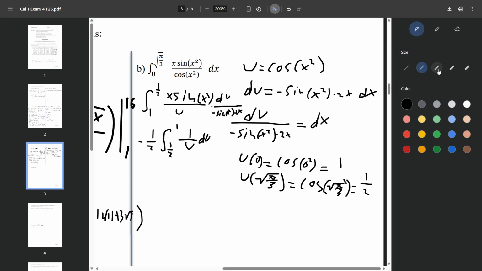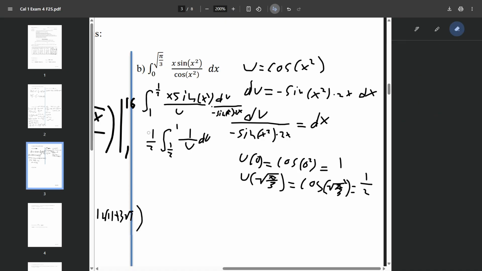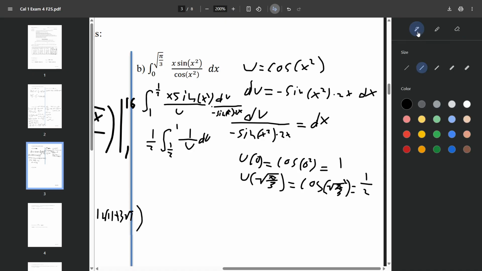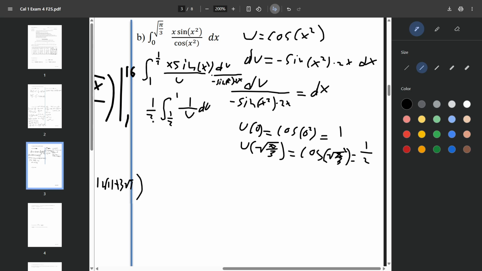Actually, no, we do have a positive in this case, because our negative sign was there. So yes, it was supposed to be positive. Sorry for that. So yes, we have 1/2 of the integral with lower bound 1/2, upper bound 1, of 1 over u du.